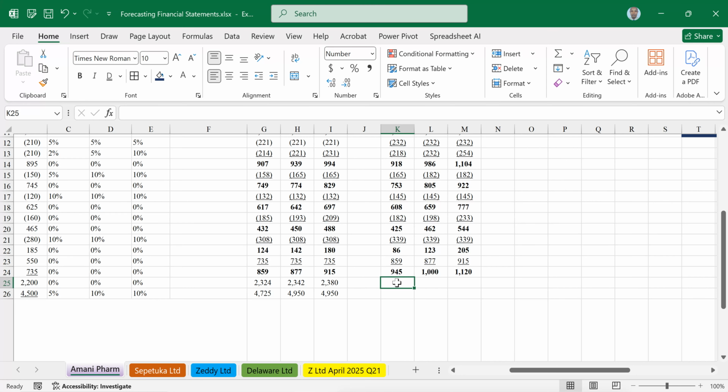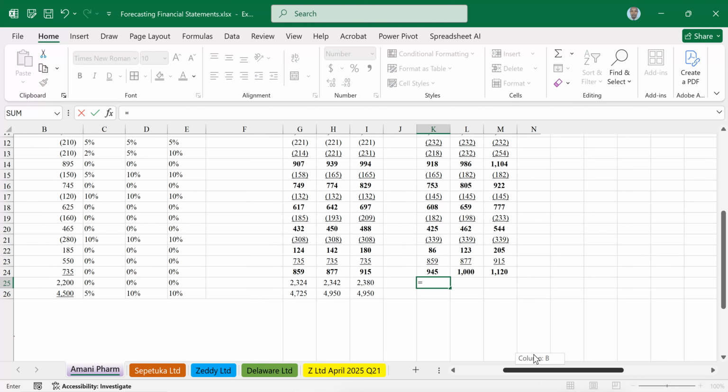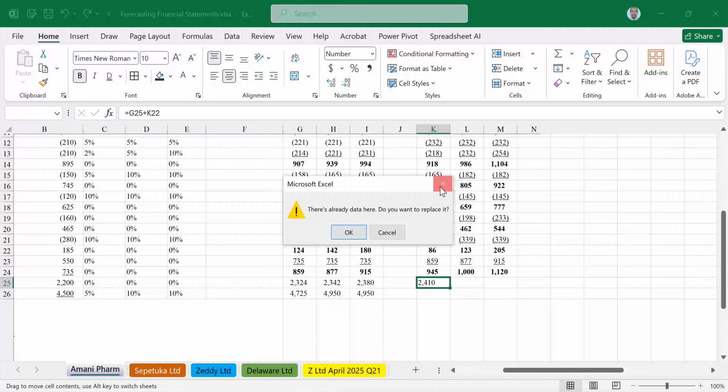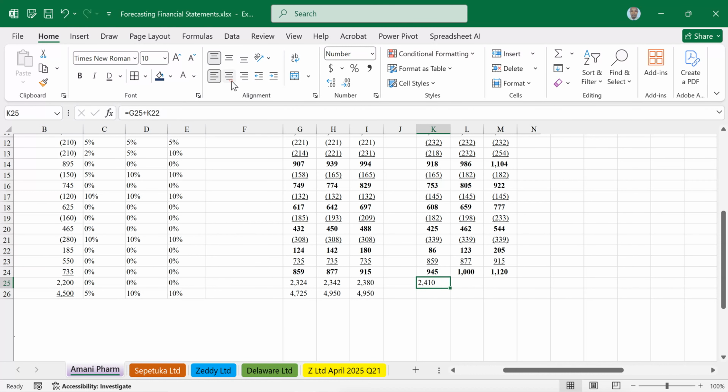So equity is only changing as a result of the adjustment in profit, and that means that it will be the equity in 2022, don't lock anything, plus the profit for the year, which is 86. Enter. You use profit for the year.